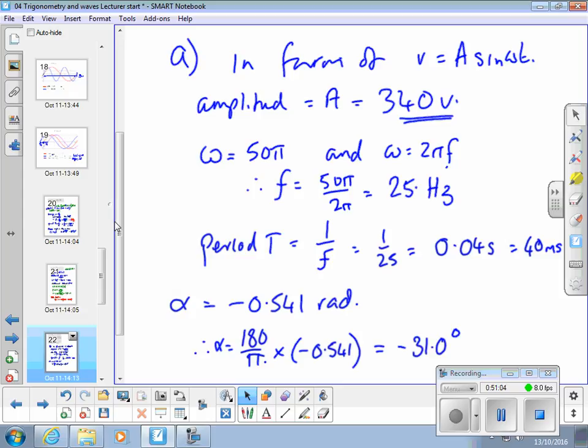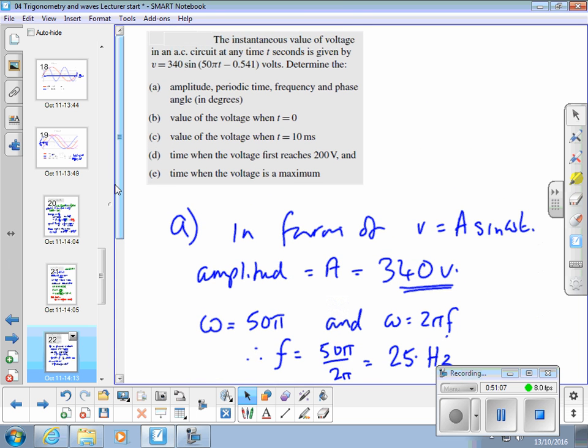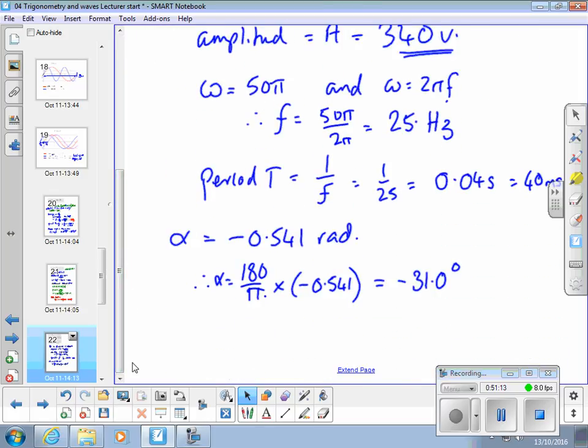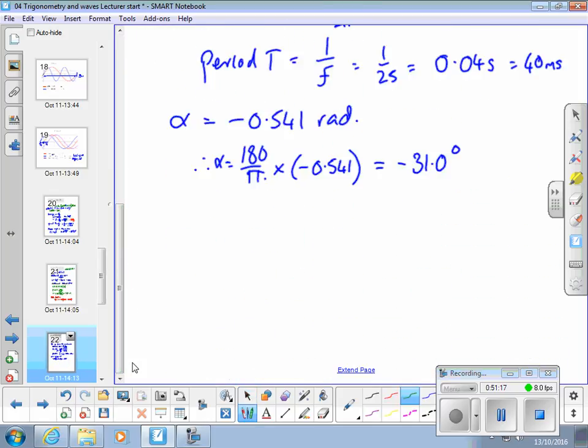So that's done part A, and that was no more than we'd done before, really. Part B: the value of voltage when t is equal to 0. So if we take that function, V is equal to 340 times the sine, and when t is equal to 0, what's the omega t bit equal to? So it's just the angle, minus 0.541 radians.